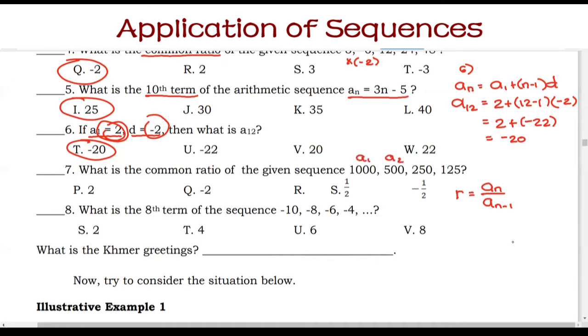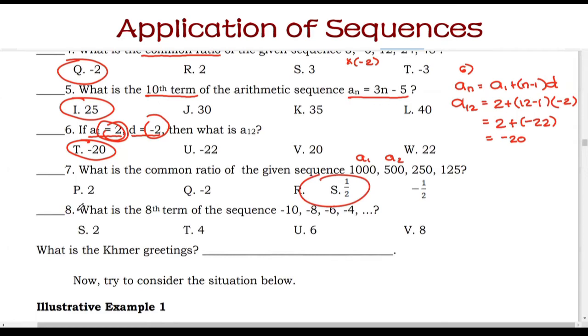Okay? So R is equal to A sub 2 divided by A sub 1. What is A sub 2? 500. What is A sub 1? 1,000. Okay? When you simplify 500 over 1,000, you will get 1/2. Alright? So the answer here is this one.